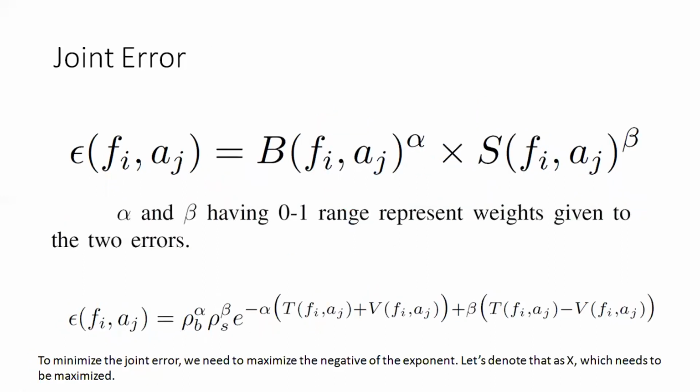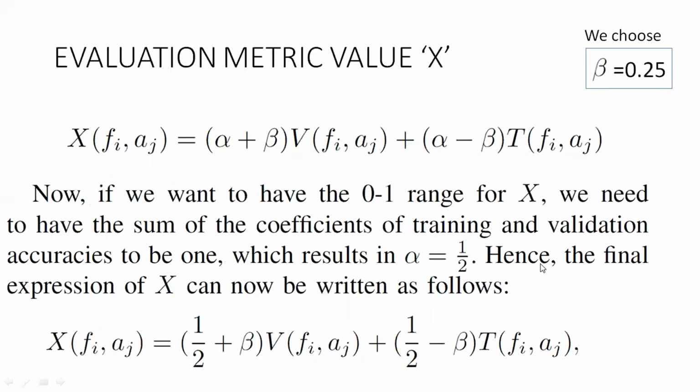And when we are minimizing, we have different weights for these errors, and these weights need to be in the range of 0 to 1. When we are trying to minimize this portion, it doesn't play any role in minimization. And if we are trying to minimize this, it means we want to maximize the negative of this exponent, which we denote as x.